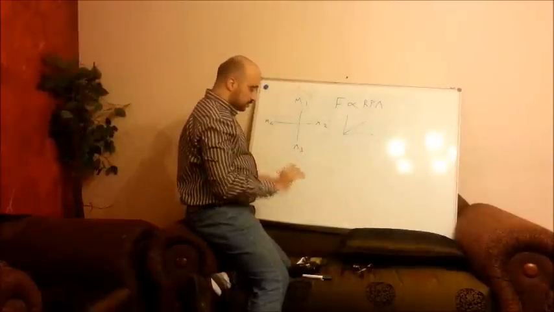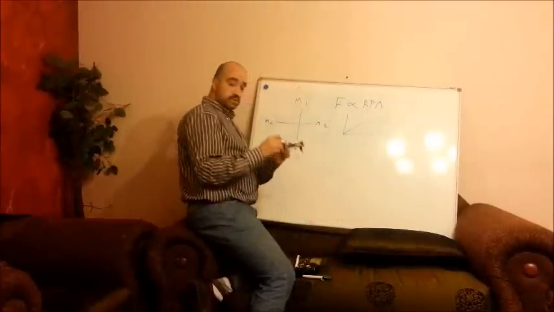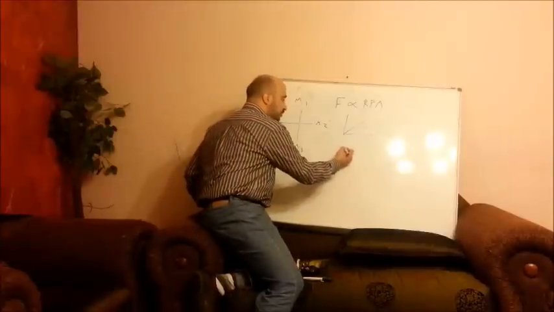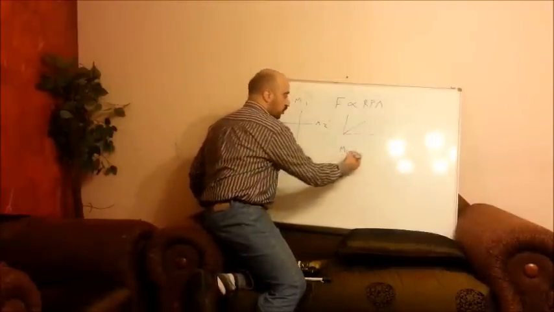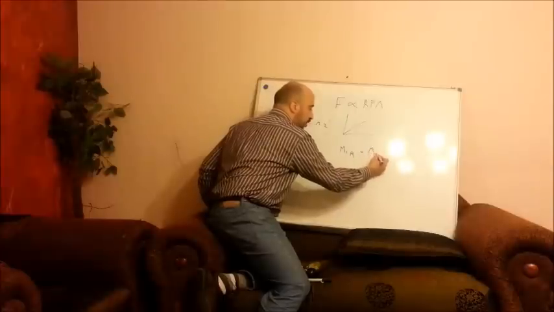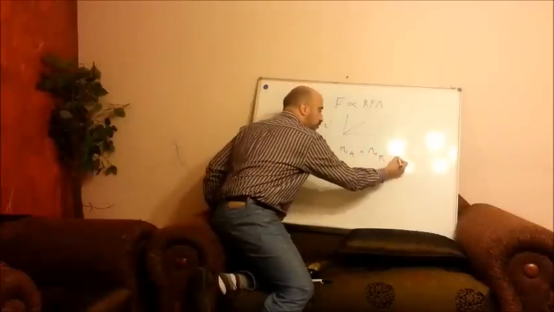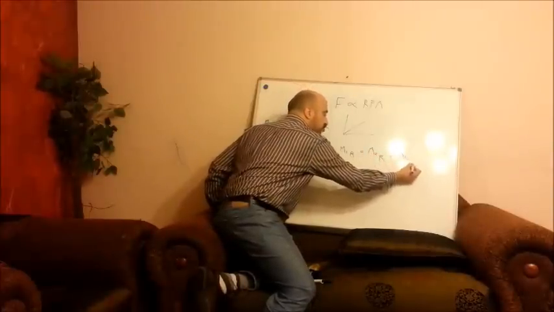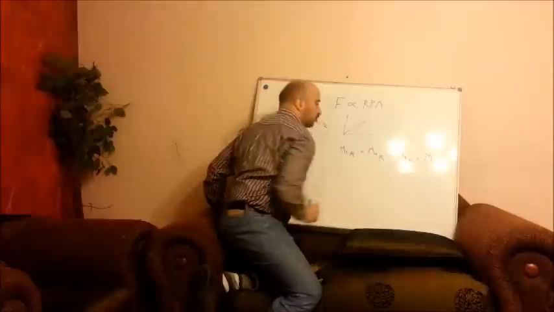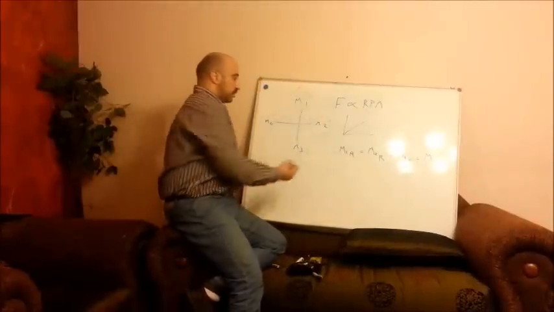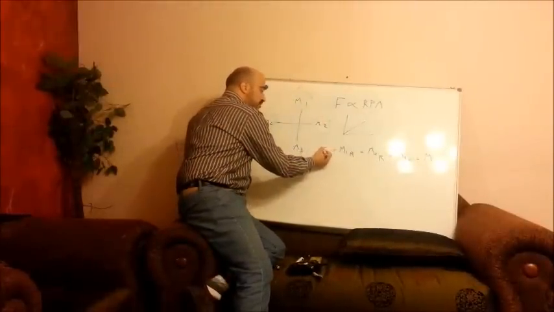Okay. So that means we want the RPM of motor 1 equals the RPM of motor 2 equals the RPM of motor 3 equals the RPM of motor 4, equal to a constant.